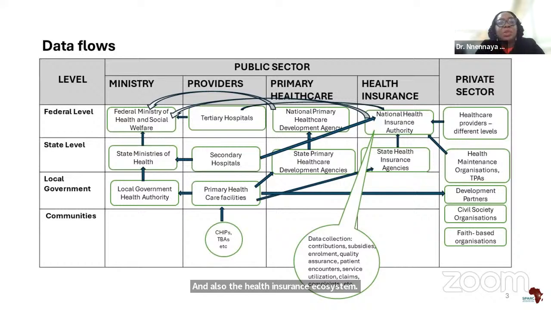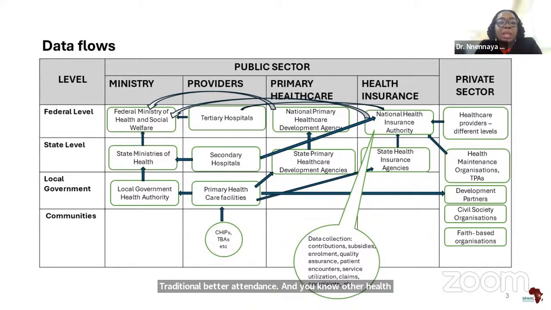Taking a look at the ministry, like I mentioned, we have the Federal Ministry of Health and Social Welfare at the top there at the federal level. And so if you go all the way down to the community, under the third column, you see community health influencers and promoters, that's CHIPs, traditional birth attendants, and other health workers at the community level.